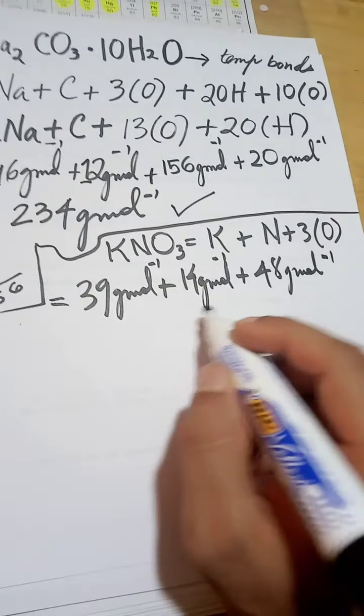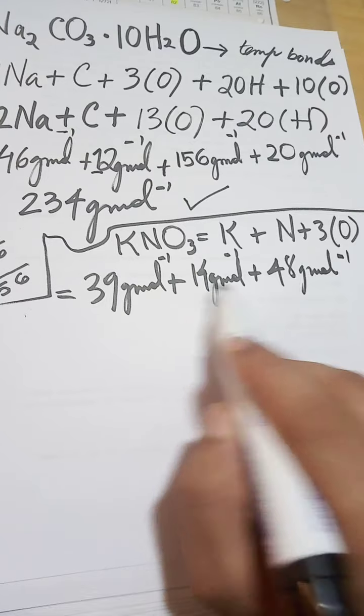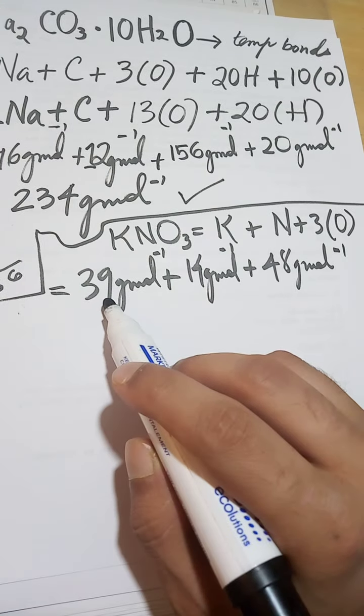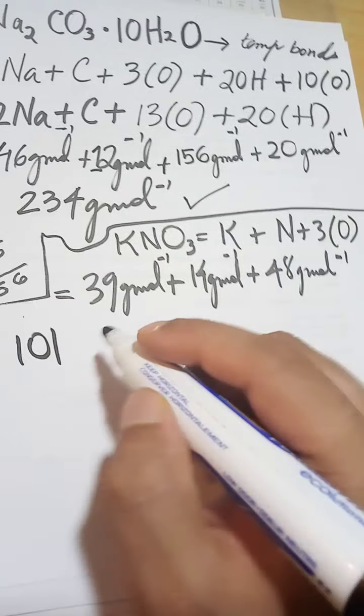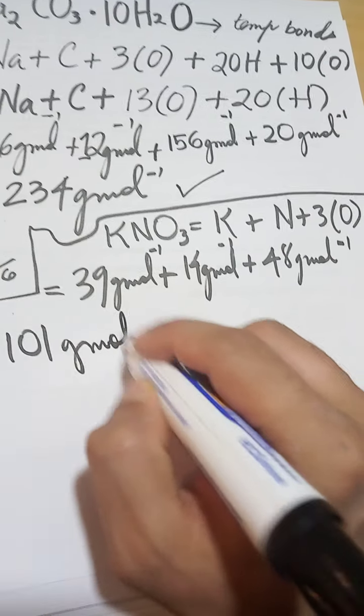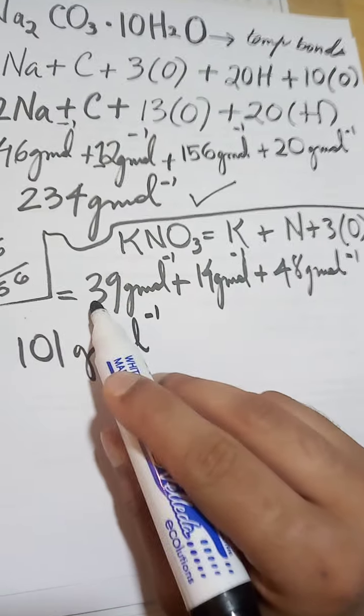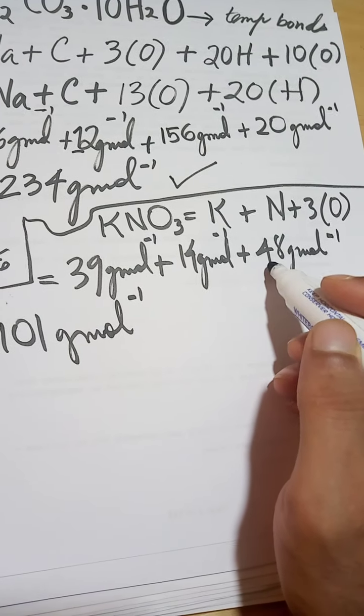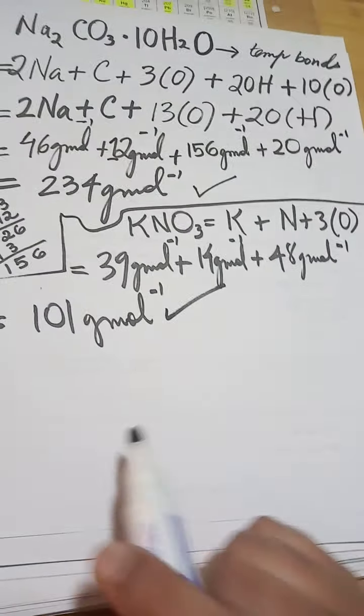And then we do 53 and 48, so that's 101 grams per mole. 39 and 14 is 53, 53 and 48 is 101, so that's correct.